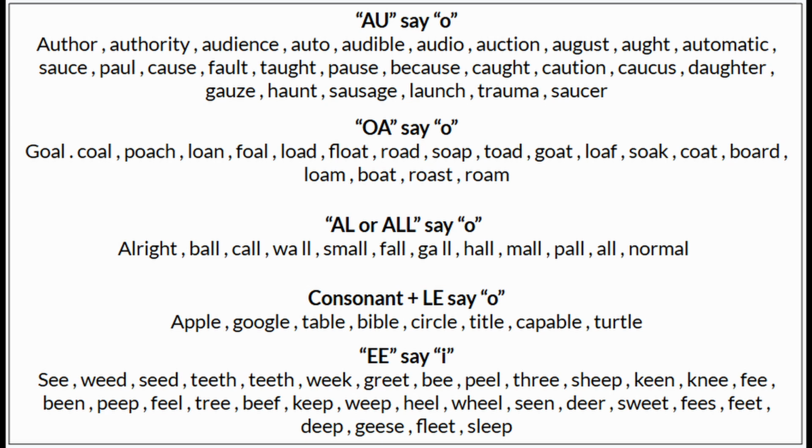Okay, wherever you will see double E, you read it E. You say E, not I, but E. For example, the verb to see, we have double E. You say see.